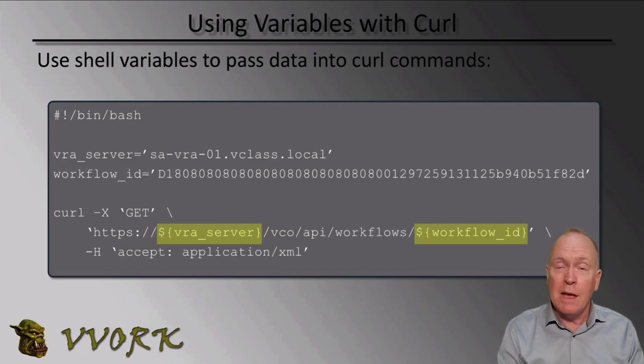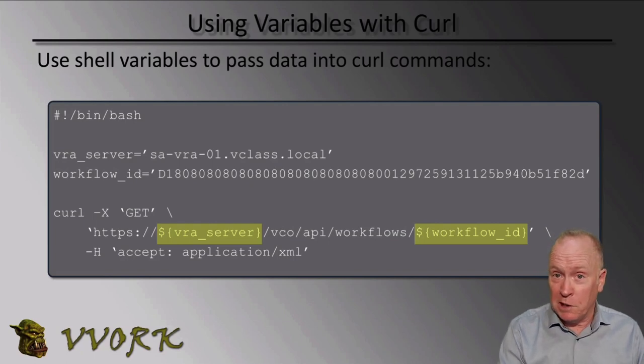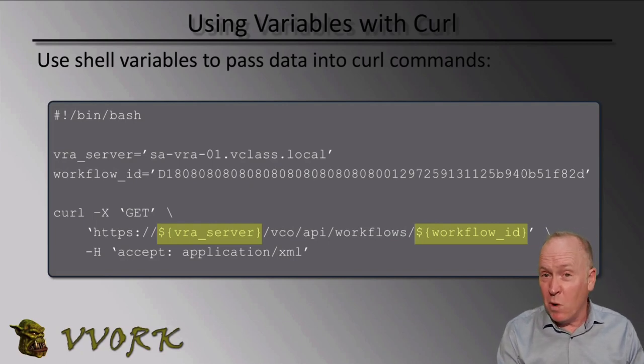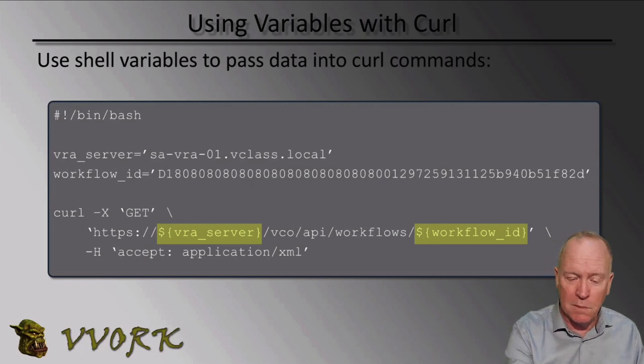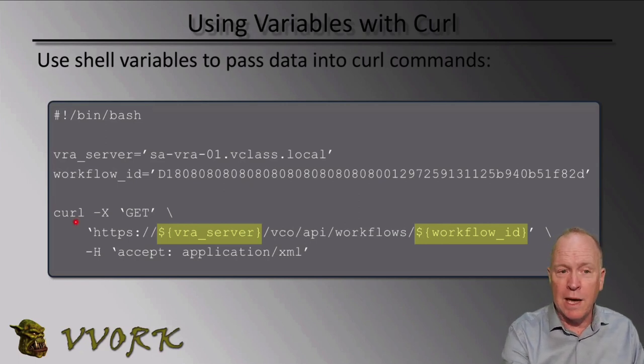So imagine, if you will, you are using curl to automate various tasks by having curl send REST requests. Well, if you're using curl, you could just use it at the command line, but more likely you're going to put your curl command into a Linux shell script. For example, this Linux shell script is using the Bourne Again Shell syntax.